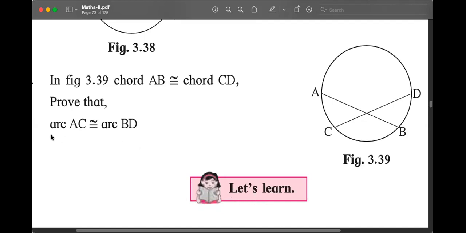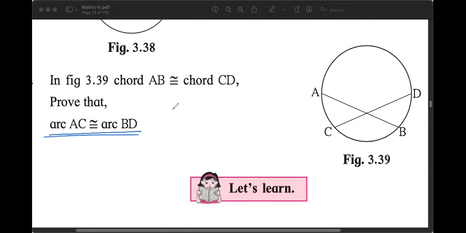So if we have to prove that arcs are congruent, हमको जाना पड़ेगा उनके chords पे. If we can go to the chords and if we can prove that the chords are congruent, then we will be able to prove that the arcs are congruent. But where are these AC and BD? अच्छा, यहाँ है, ये AC है, ये BD है.